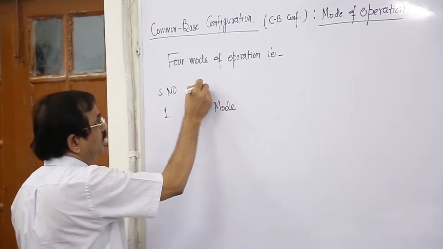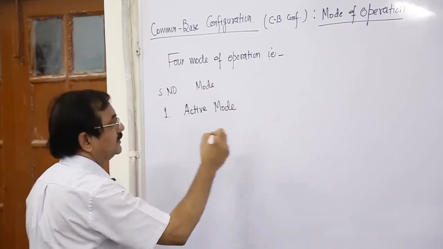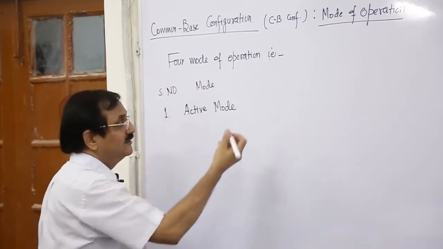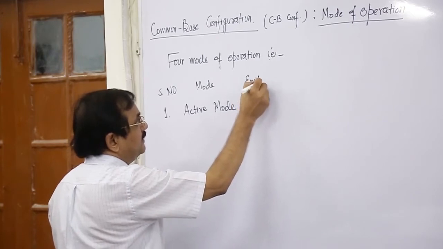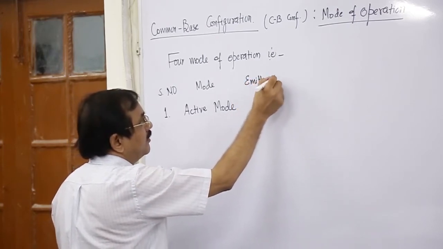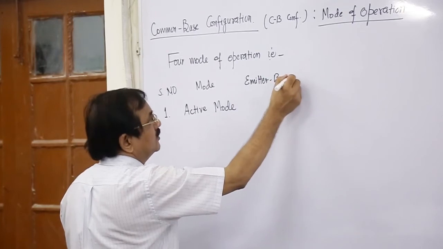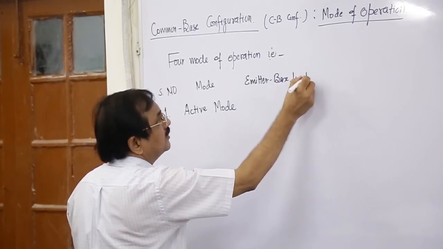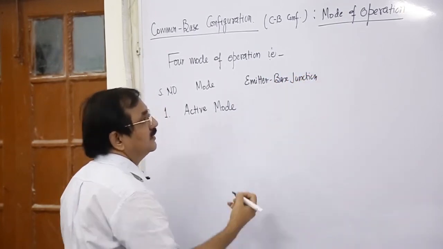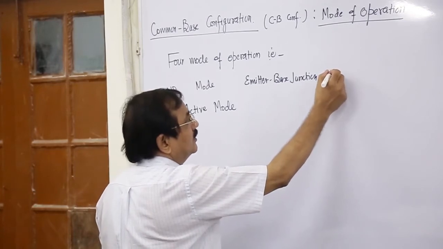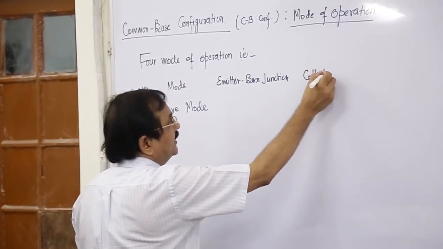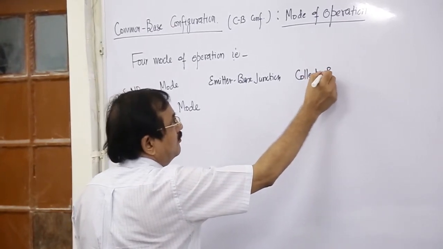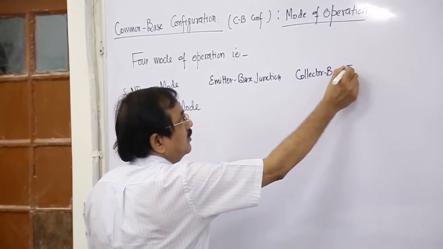Here we consider the nature of the emitter base junction and the collector base junction.